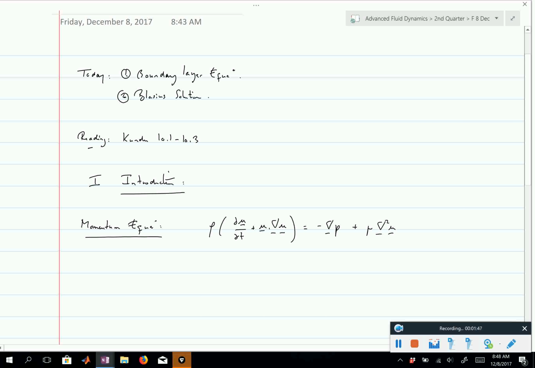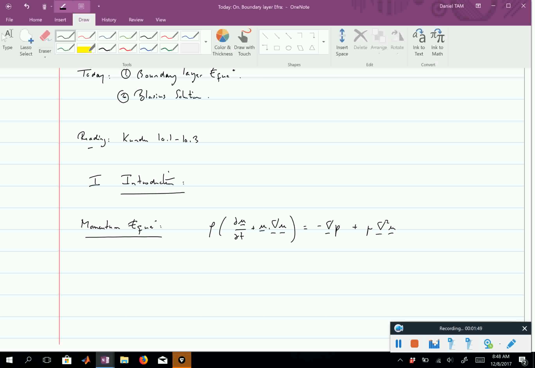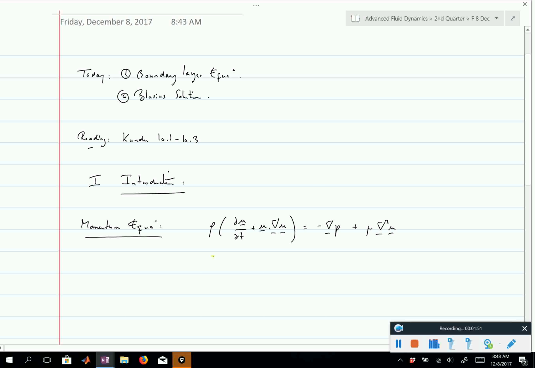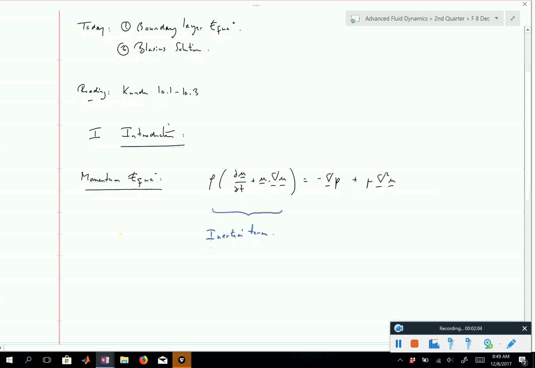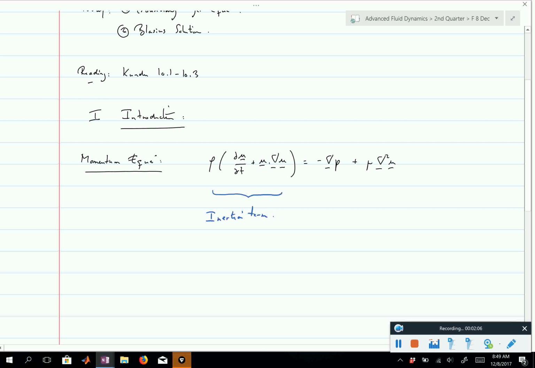So here, on the left-hand side, we have what we call the inertial term. So this one we've been discussing a lot since the beginning of the quarter. This is the inertial term. And this one is important when the Reynolds number is large. That is essentially to say that the inertial terms are dominant over the viscous term.